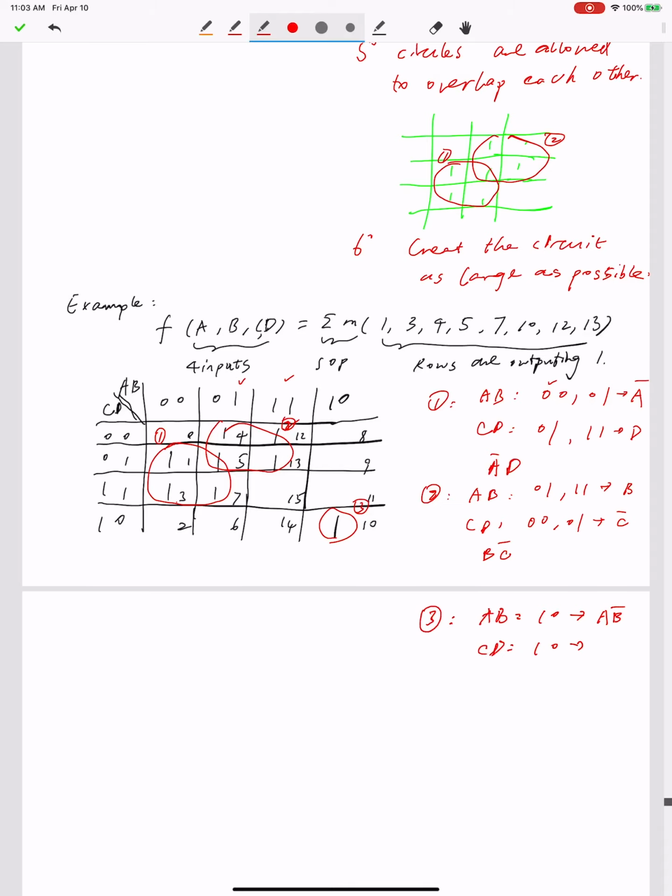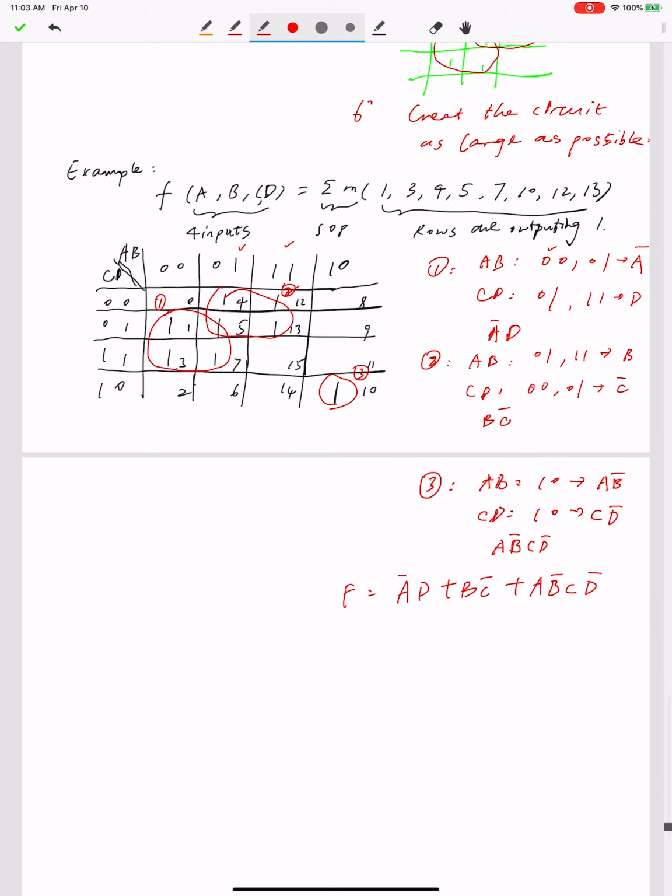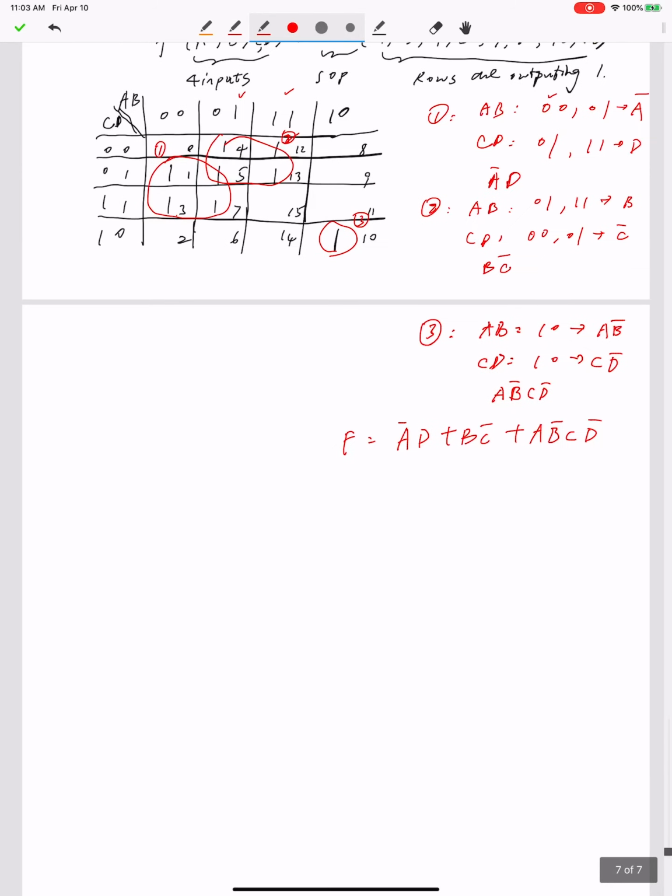And for the second one, C is 1 and D is 0, so it's CD bar. So put them together, it's AB bar CD bar. And put everything together, the final result F is going to be A bar D plus BC bar plus AB bar CD bar. Okay, so that's the logic expression.